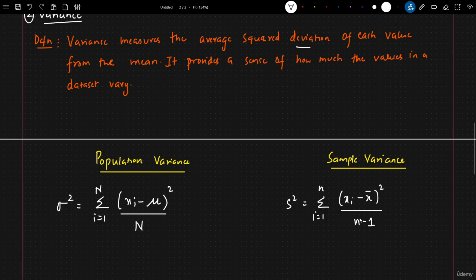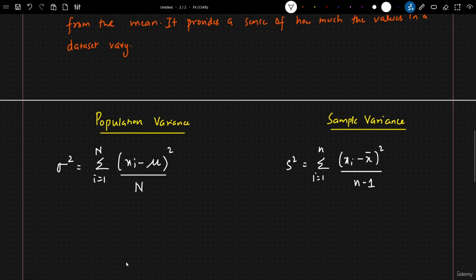Now I will discuss in detail why this sample variance is divided by n minus 1. A dedicated video will be created in the next video on why sample variance is divided by n minus 1. But right now, just consider that for sample variance we find the average squared deviation of each value from the mean, and here we specifically divide by n minus 1. Here we'll divide by capital N.